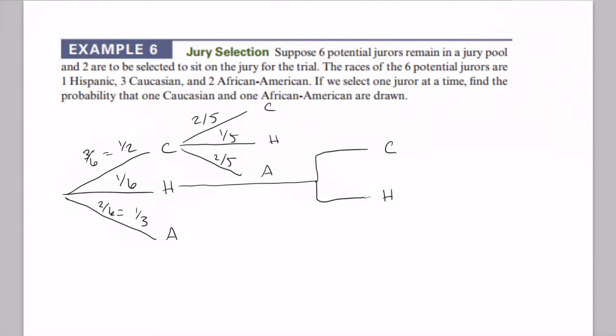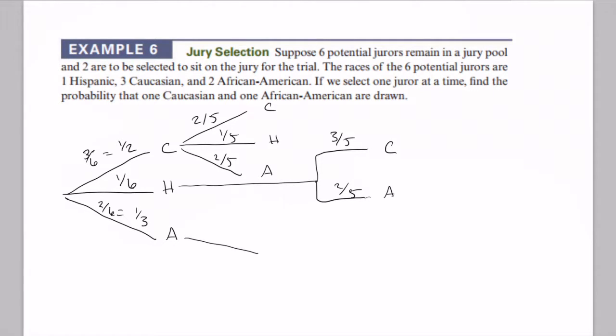So we have for the Hispanic, and we're not going to use a double Hispanic because we only have 1. So we only have Caucasian and African American. So we have 3 out of 5 to be chosen for the Caucasian and 2 out of 5 for the African American.